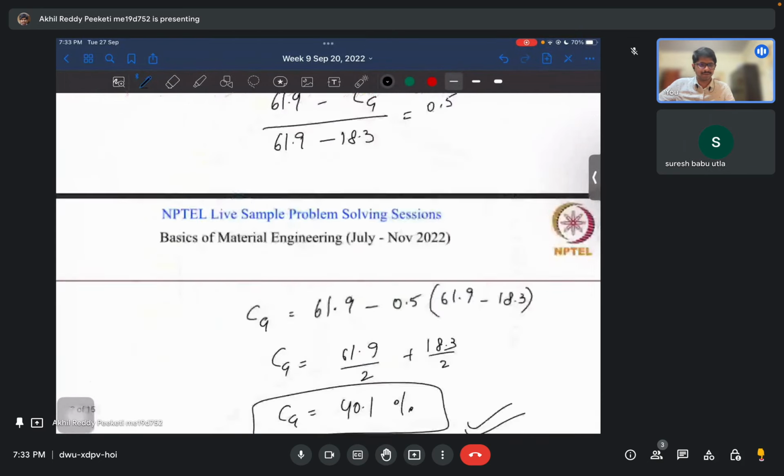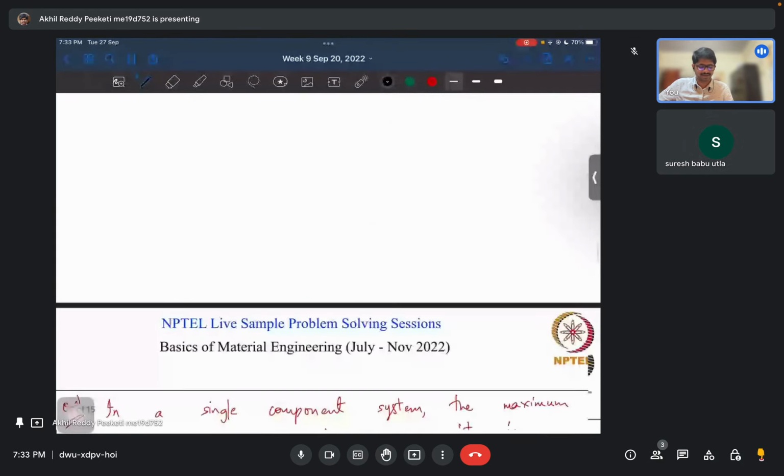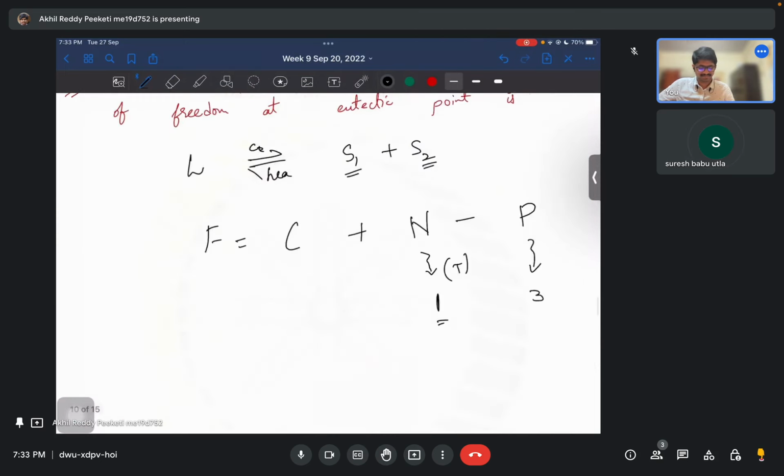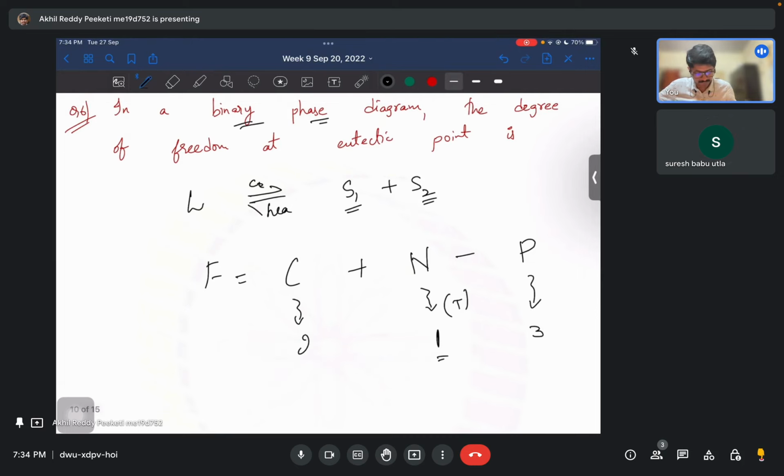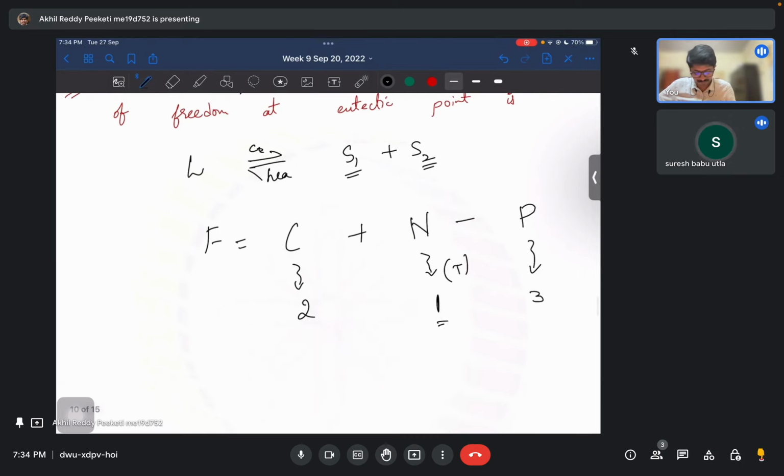If liquid is forming a single solid, then it's just solidifying, not forming any phases, similar to a pure metal. Now for a binary phase diagram with two components, what would be the degrees of freedom? 0.